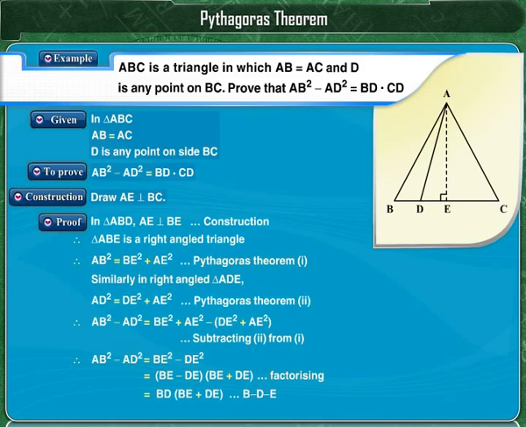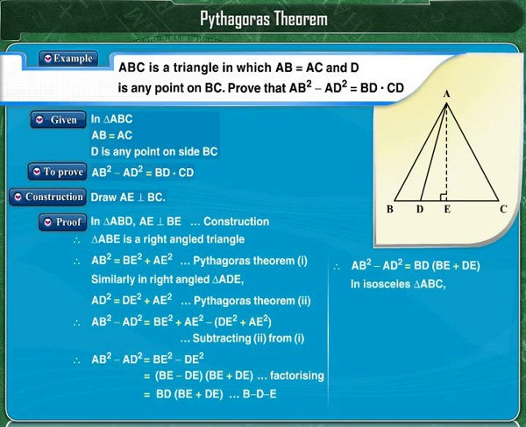But BE minus DE is equal to BD, since point D lies between points B and E. Therefore, AB squared minus AD squared is equal to BD into (BE plus DE).